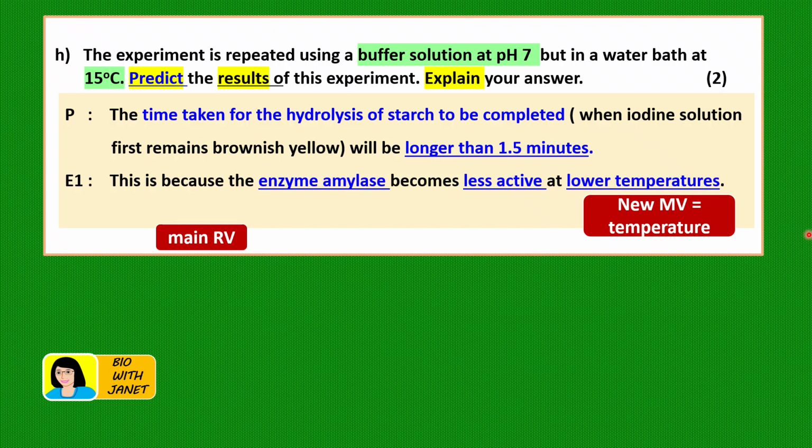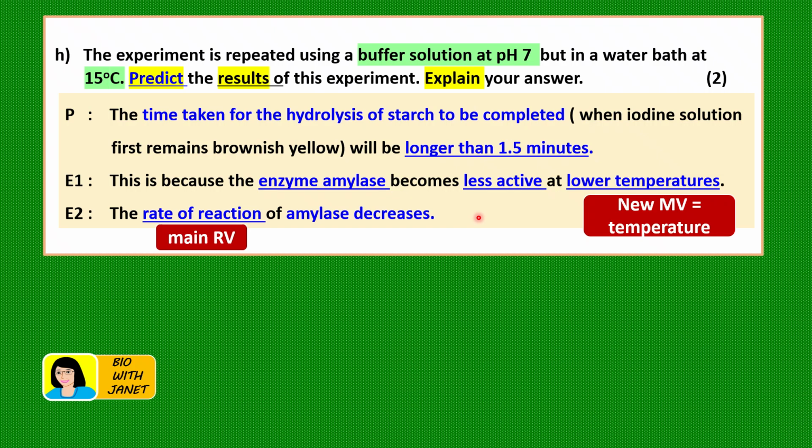So E1, this is because the enzyme amylase becomes less active at lower temperatures. So there are less collisions with the substrate and less reactions occur, right? So the reaction rate is lower. Okay, it's lower. So mention what happens to the rate of reaction. This is your main RV.